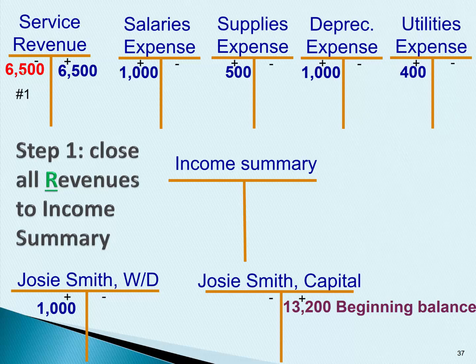So we've closed out this service revenue, and notice it says close it to income summary. So we have a debit here. That means we must credit income summary. So now the number 1 is reminding us which step these numbers are coming from. So now we have successfully closed out all our revenues, which happen to be just one account.